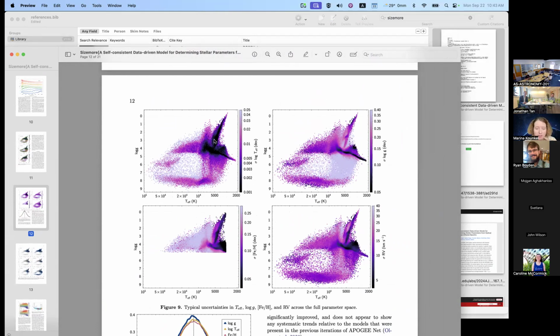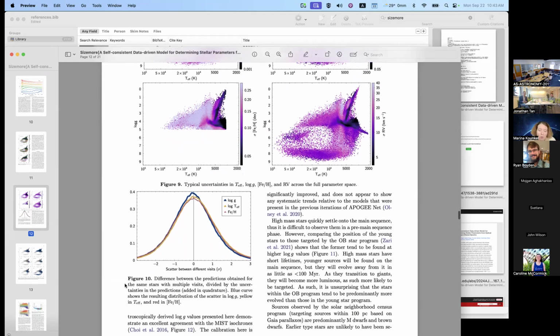For temperature, it's lower for lower mass stars because you have more lines to be confident of your temperatures. It is a bit higher for the high mass stars because lines become sparser, rarer, and more broad. And again, if you take a scatter across all of the different visits, it's a perfect Gaussian, and the width of this Gaussian is 1 sigma.